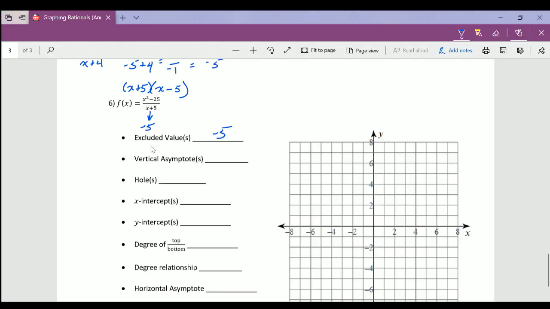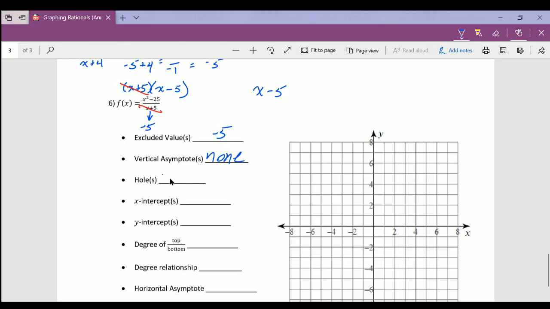The weird thing here, though, is that the x plus 5 is what cancels out. So what you end up with is this, just x minus 5, when it's simplified. Okay, vertical asymptote, crazy, there's none.